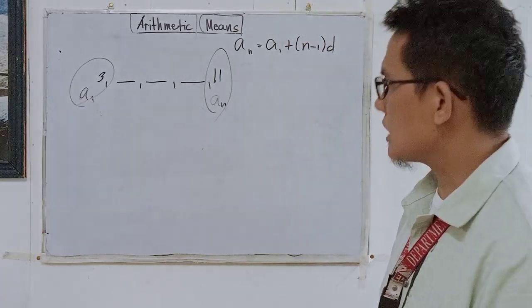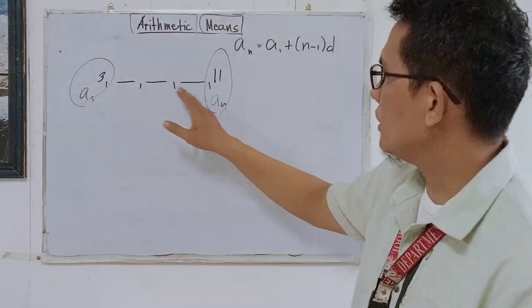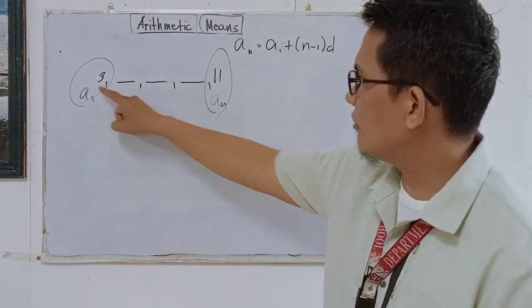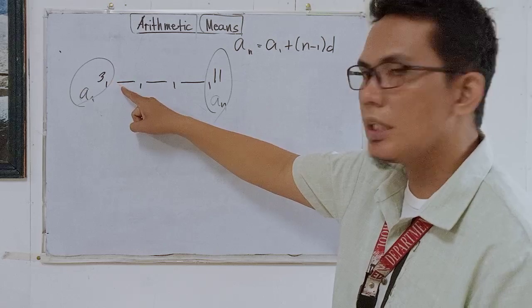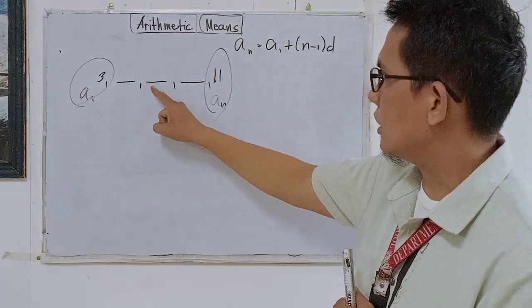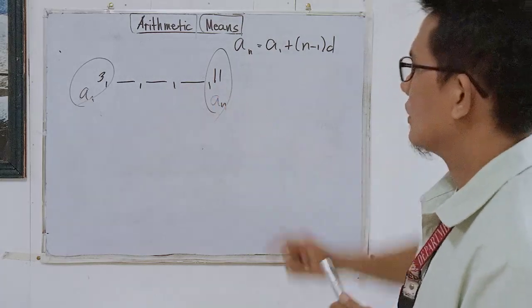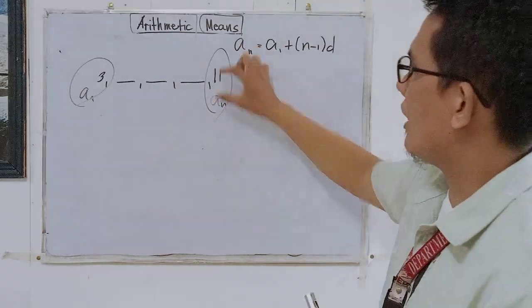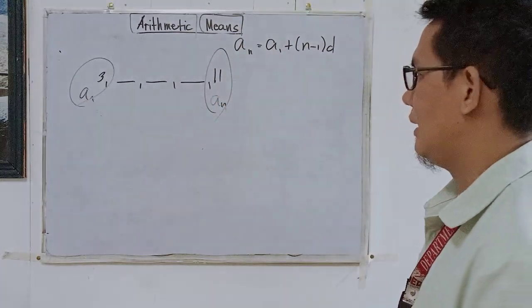In order for us to solve for the terms here, we're going to add the common difference to our first term to get our second term, add that again to get the third, the fourth, and to verify if our answer is correct, we can get 11.